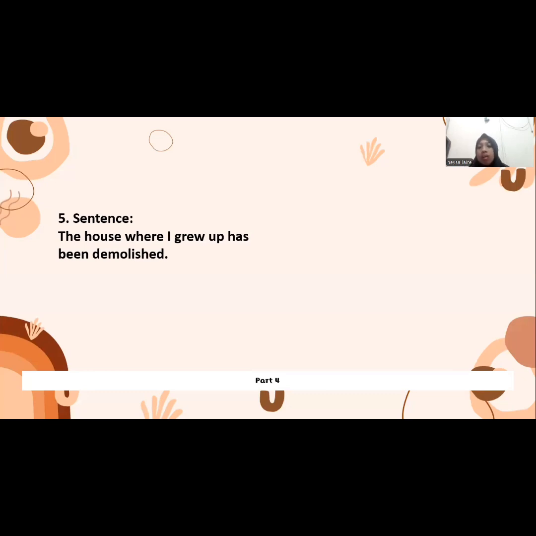Analysis. The sentence contains a relative adverbial clause introduced by where, which modifies the noun house. The relative clause where I grew up gives non-essential information related to location. The main verb phrase has been demolished is in the present perfect passive form, with the relative clause within the subject noun phrase.